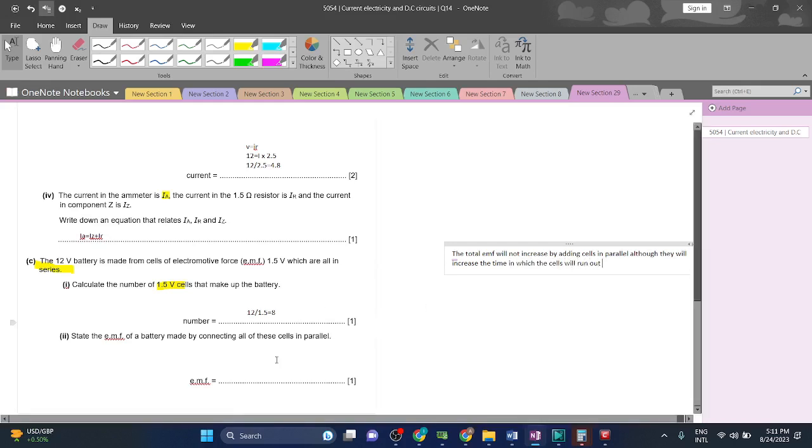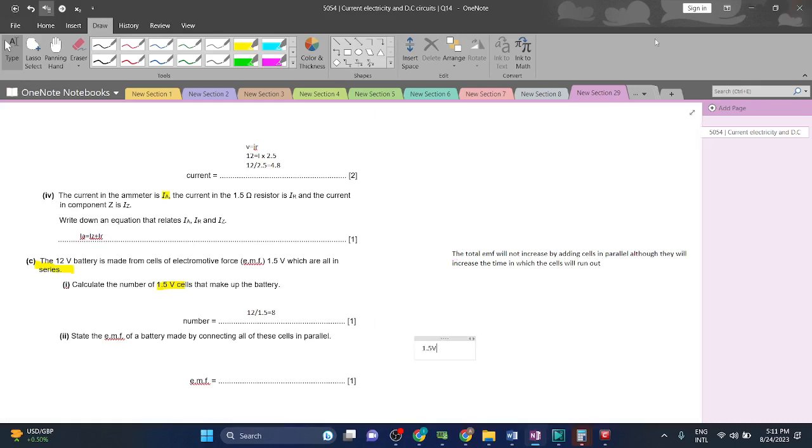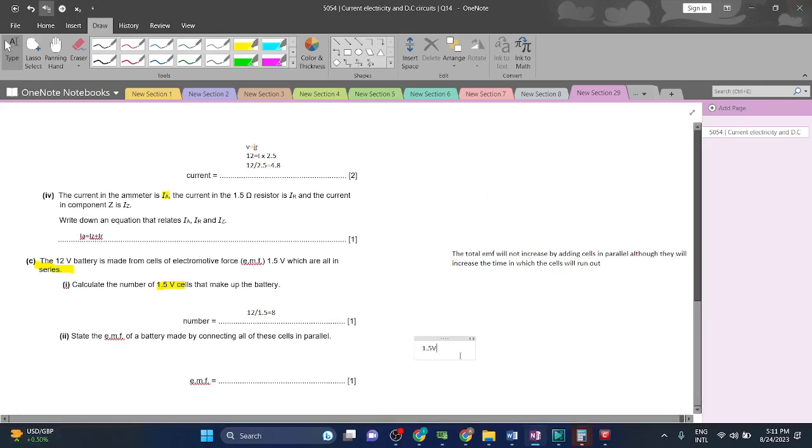So the total EMF will still be 1.5 volts. This statement is just for your understanding.